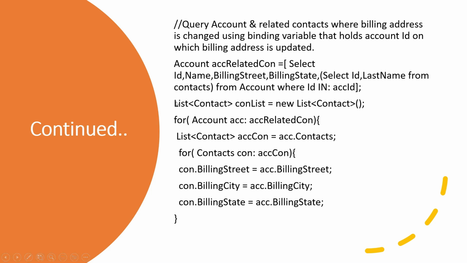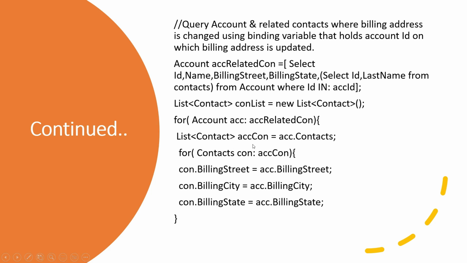In the next statement, we are creating an empty list of contact whose variable name is conList. Then we are iterating accRelatedCon, which is the accounts with the related contacts, and storing into acc.